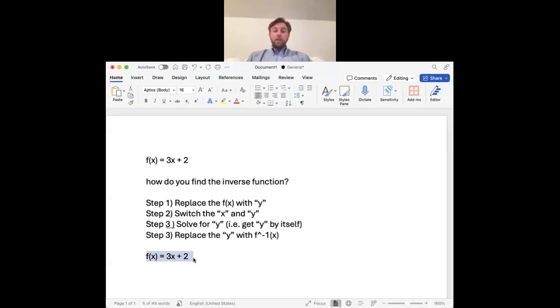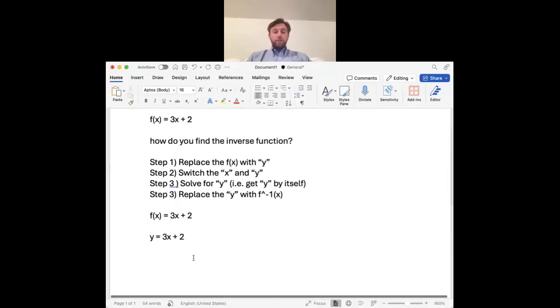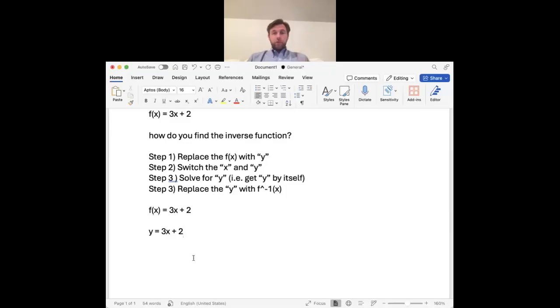So let's see how we do that here. Step 1, take that f of x and simply replace it with y. Cool so far? Step 2 is take that x and the y and switch them. You don't switch anything else. This is kind of like trading places, like that movie where mother and daughter switch places. It's Freaky Friday.